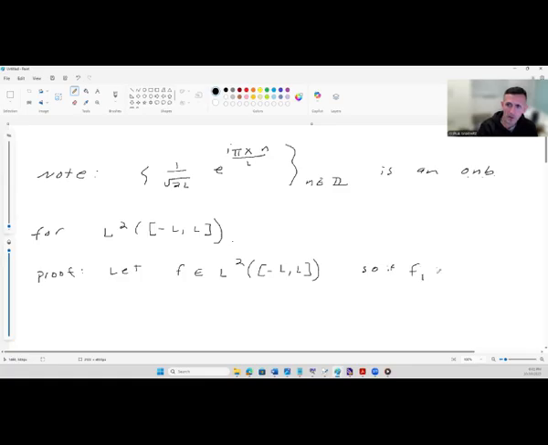So if you have FL, defined in the obvious way, to LX. All right, so if X goes from, I'm sorry, if X goes from minus 1/2 to 1/2, then 2LX goes from minus L to L. All right, so you have FL is in L2 by substitution.